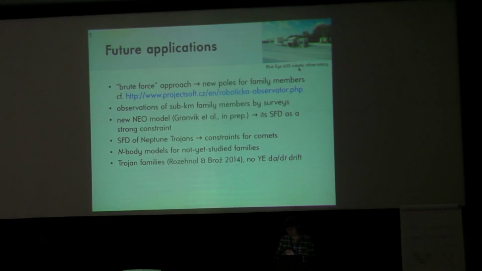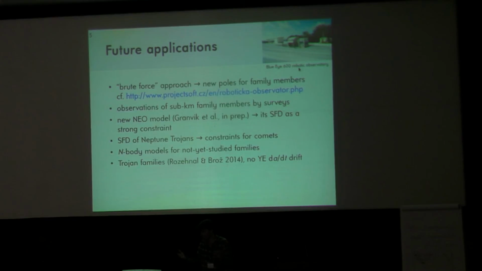Then I think it's worth using the new NEO model, which is completed by Mikhail, because the resulting size frequency distribution might be a very strong constraint for any collisional models of the main belt and consequently families. I already mentioned the Neptune Trojans, and I have to emphasize that only a limited number of families were studied by N-body models.